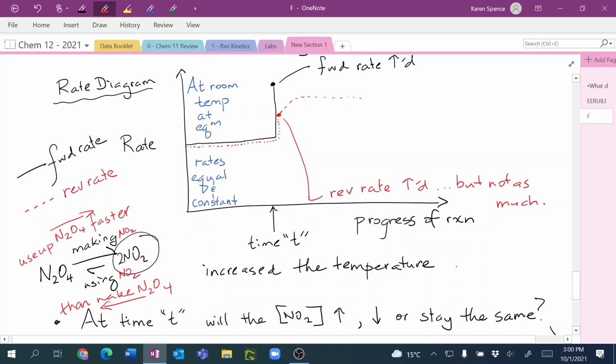As I'm using up my N2O4, what's happening to the concentration of N2O4? It's decreasing. And if it's decreasing, what's happening to the rate of the forward reaction? Hold on, if N2O4 is getting smaller, the forward rate is going to decrease. I have less N2O4, therefore there's fewer collisions.